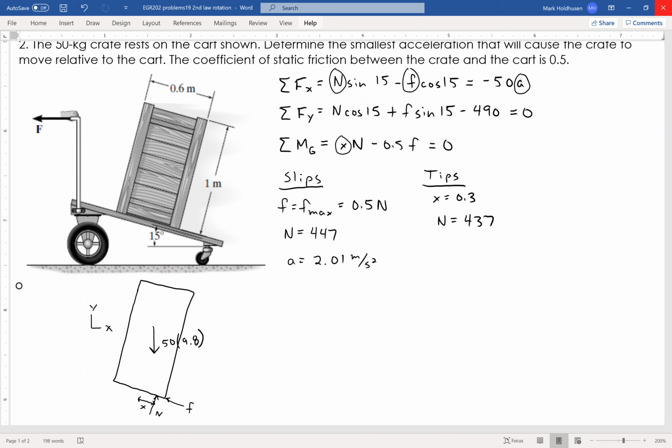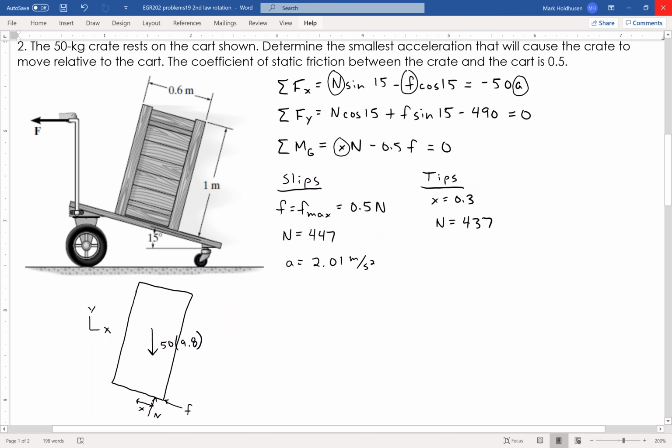Knowing that normal force, I also learn that my friction force becomes 262. And again, that's basically using the bottom two equations, the sum of the moments about G and the sum of the forces in the y direction. Plugging both of those values into the top equation, I can then find that my acceleration for it to tip is 2.8 meters per second squared.